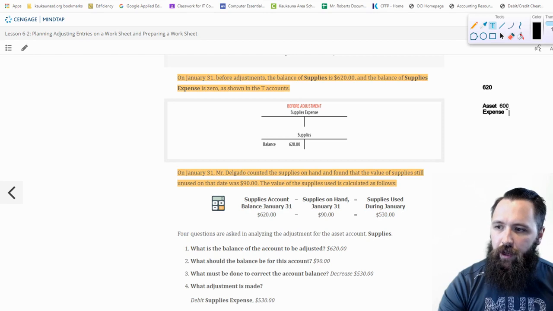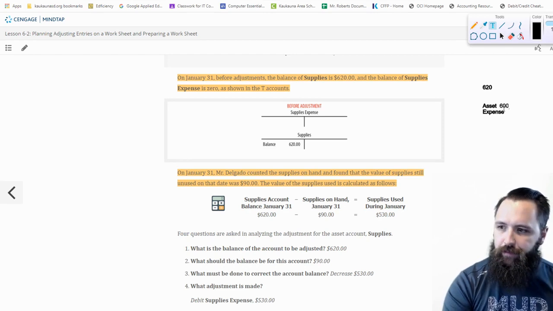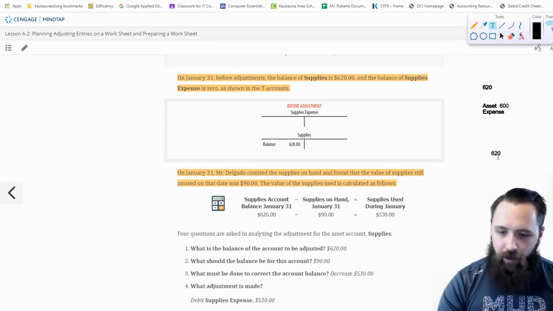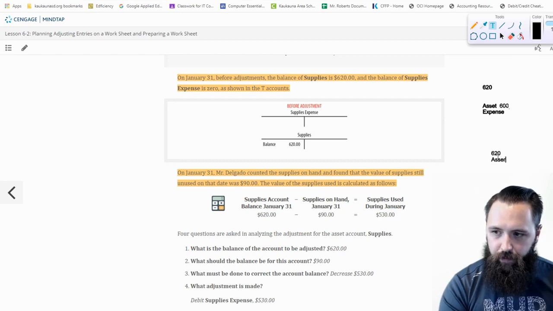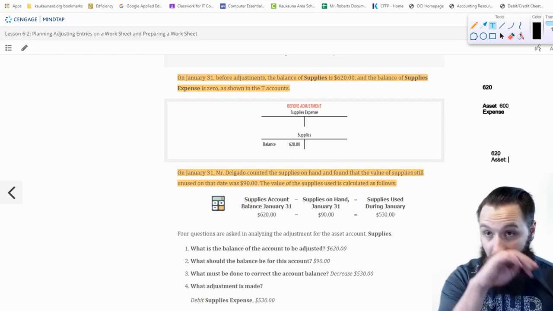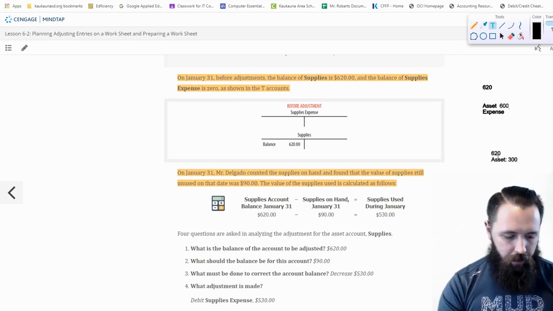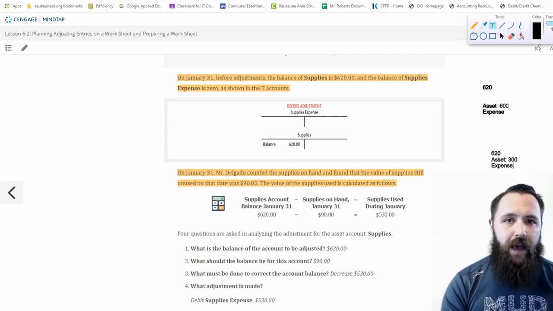If I go in and my assets, and I count on hand, oh, I don't think it'll let me take that off. All right, let's just do it again. And now my assets are, let's say, 300. Okay, what does my expenses have to be?